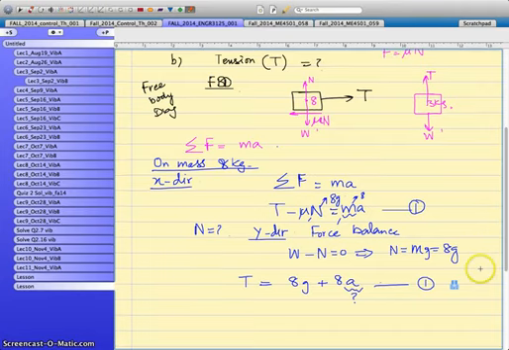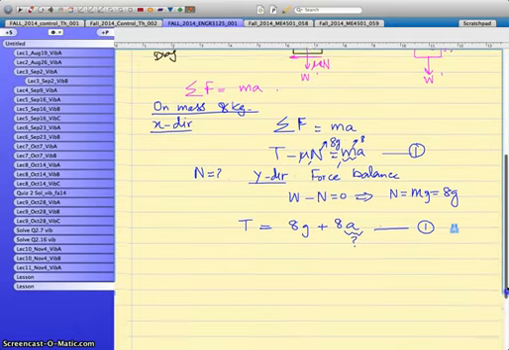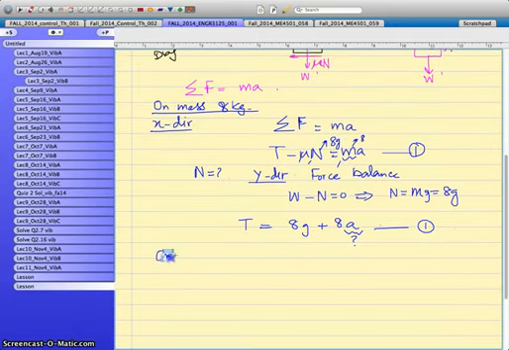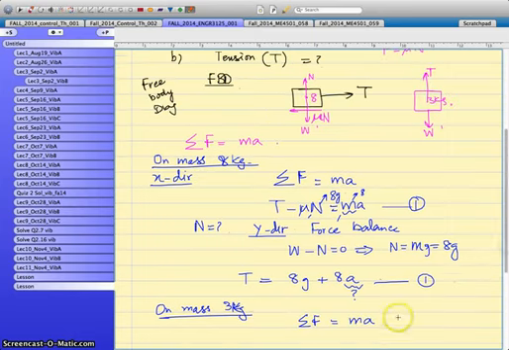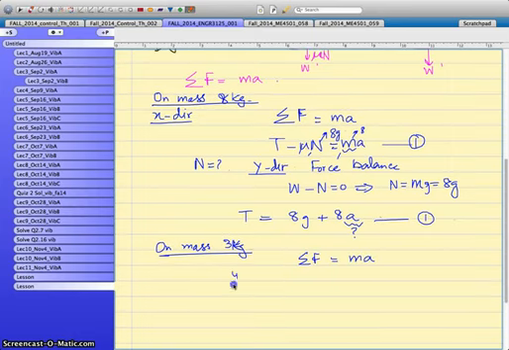Right? Now for equation 2, you will use the same method for the vertical direction on the mass of 3 kilograms. The free body diagram: all the forces are equal to mass times acceleration in the y direction. It's not moving in the x direction at all.